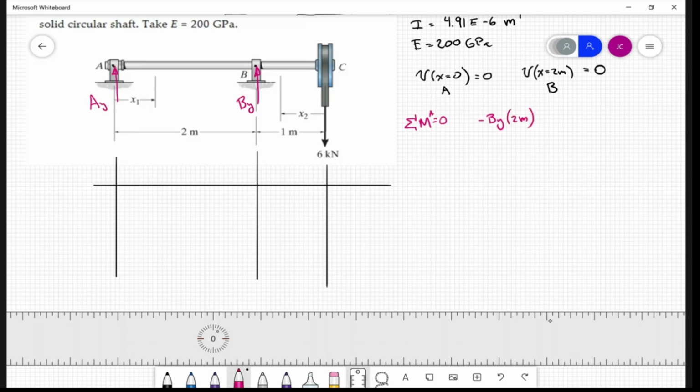I'm sorry, that's actually a positive moment, right? Positive moment. And then the 6 kilonewton is going to be a negative moment, right? And so that equals 6 kilonewtons, and its moment arm is the 3 meters, right? So that gives us that BY is equal to 3/2 of the 6 kilonewtons, which is 9 kilonewtons, right?